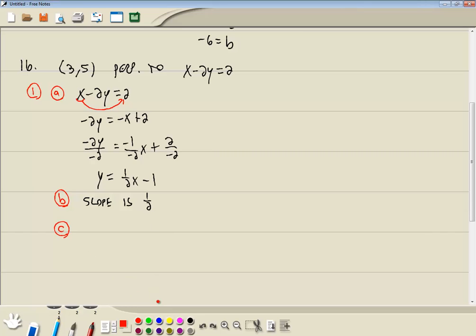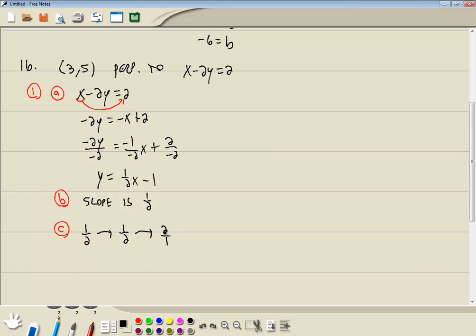Now our third substep. Perpendicular lines have slopes that are negative reciprocals. So we're going to start with 1/2. We're going to write it in fraction form. Remember, if you have like a 5, you would put 5 over 1. You can always create a fraction by putting it over 1. Then we're going to flip it, so 1/2 becomes 2 over 1.